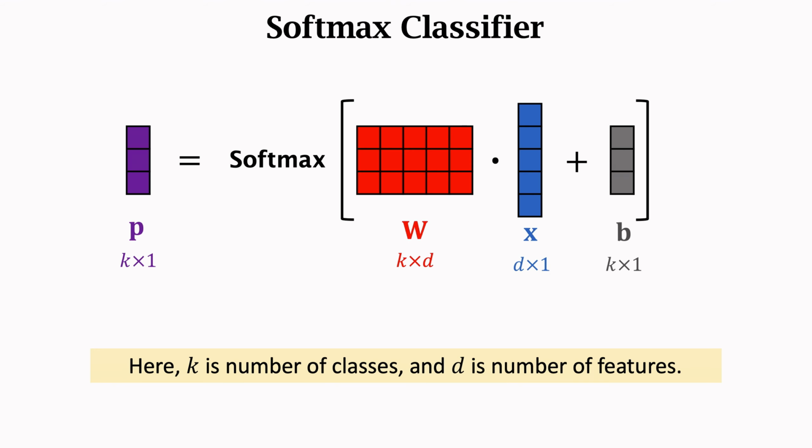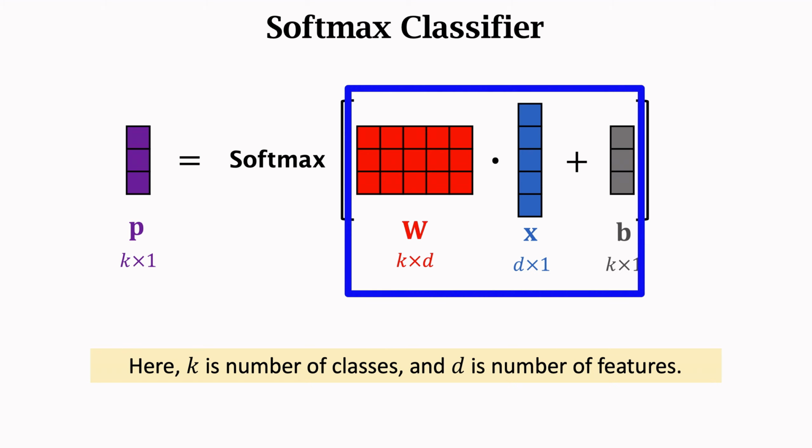Softmax classifier is made of a dense layer and a Softmax activation. The input of the classifier is the feature vector x. Apply x to the parameter matrix W, and then add vector b.